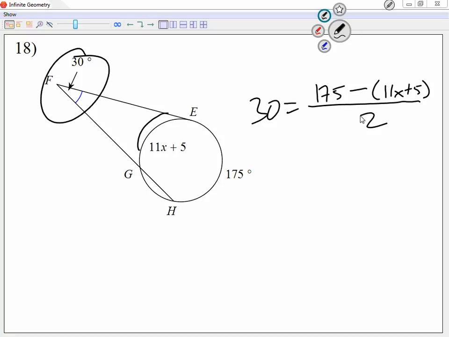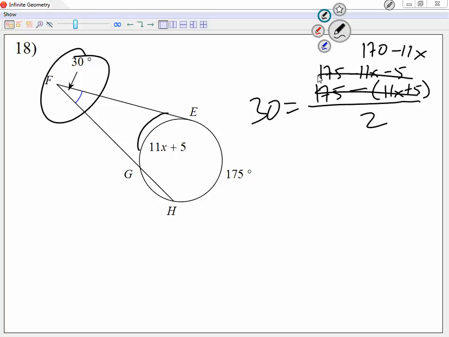And all this is over 2. So just looking at the top, I have 175 minus 11x minus 5. To combine 175 minus 5, we have 170 minus 11x. So we just simplify the top to 170 minus 11x.